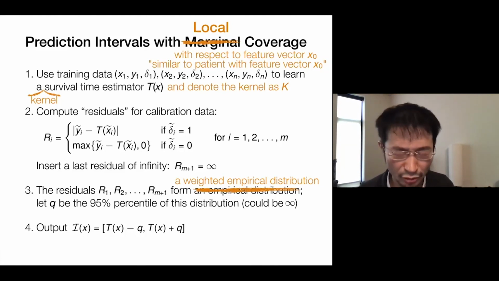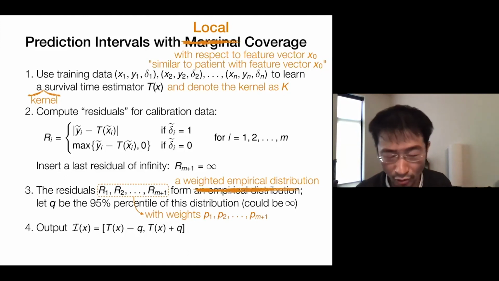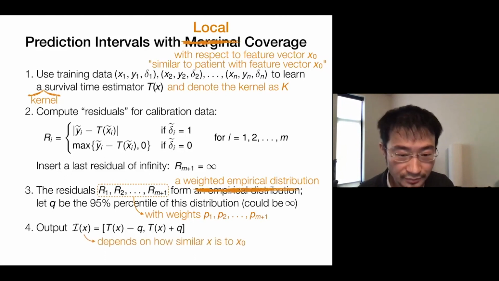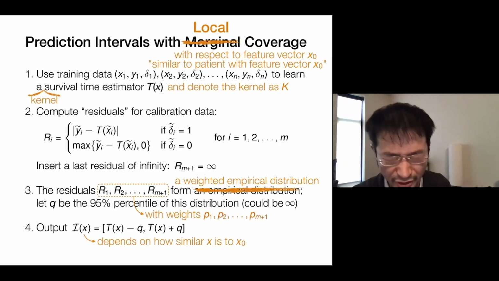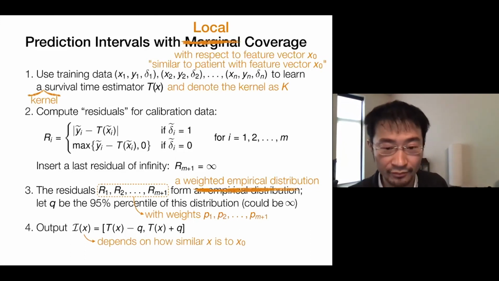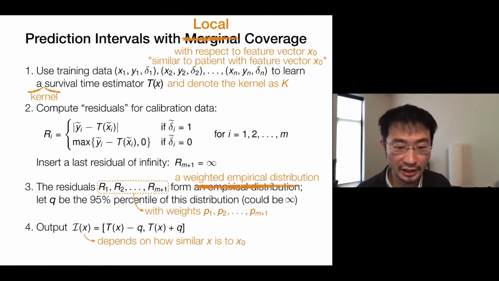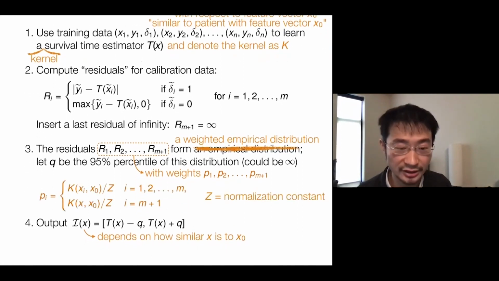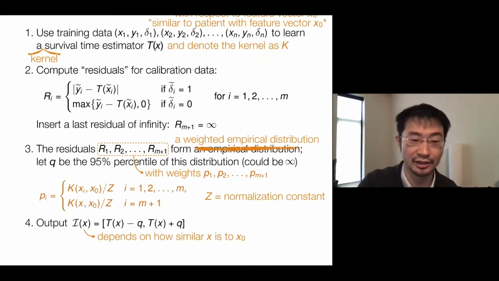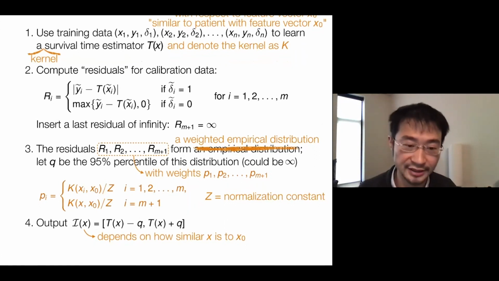The m+1 residuals will have weights P1 all the way to Pm+1. The final prediction interval you produce, the Q, is going to depend on how similar X is to X0. To give a little more detail, if you forget the normalization for a moment, the weights are just given by the kernel weights.